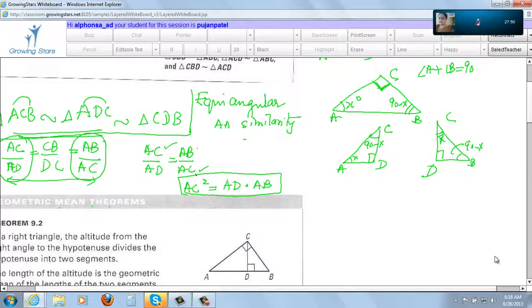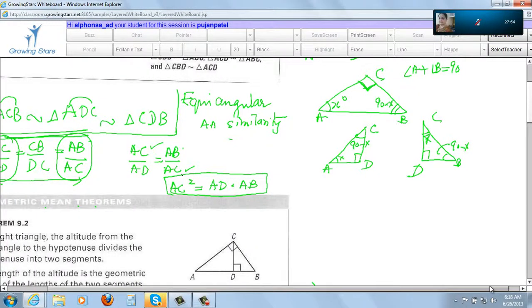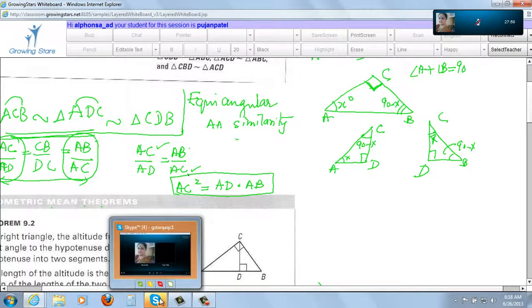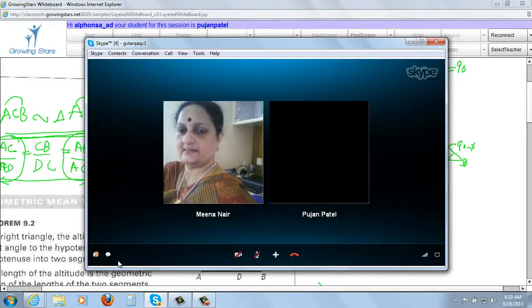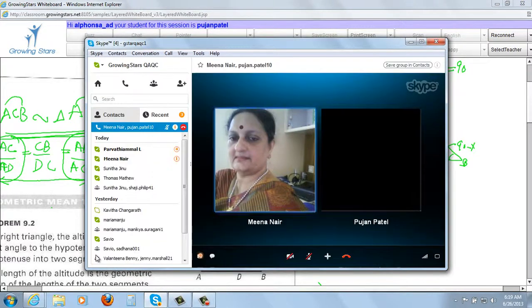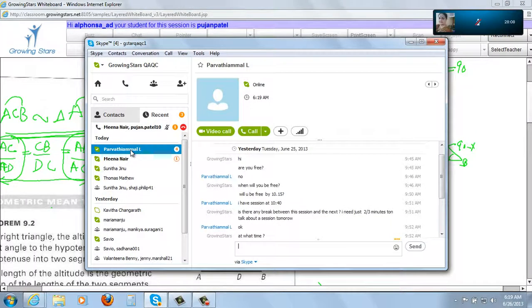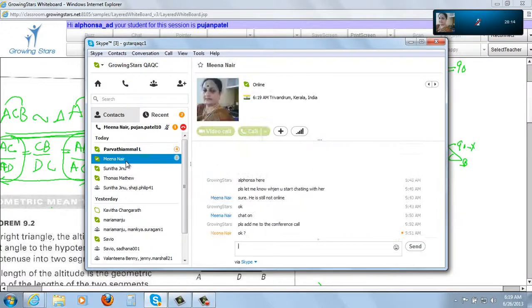You can go ahead and take the product: CD squared would be BD times AD. Here I'll get CB squared is AB times DB or BD, and here I'll get AC squared is AB times AD. Now these are known as the geometric mean theorems, okay?